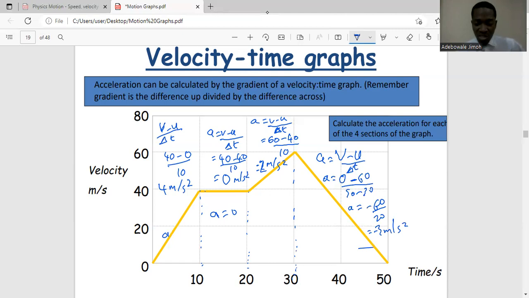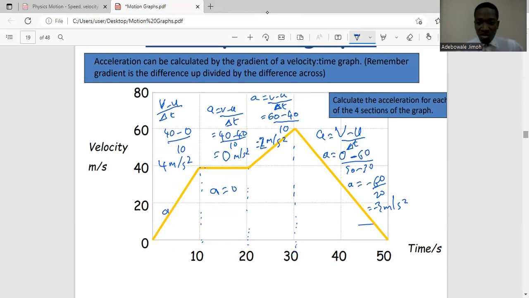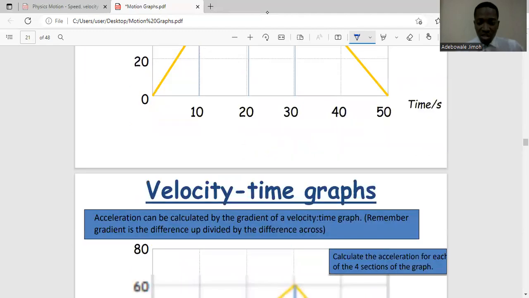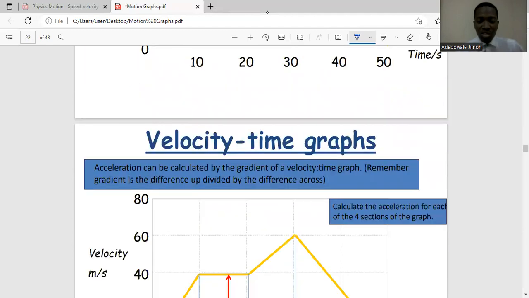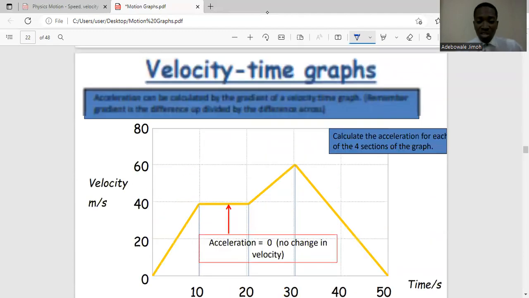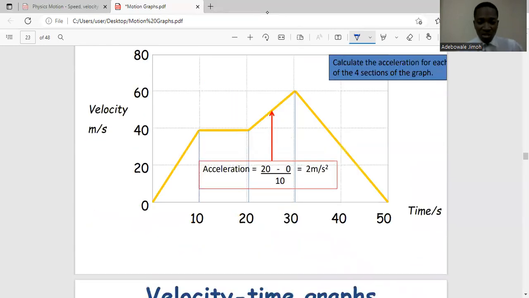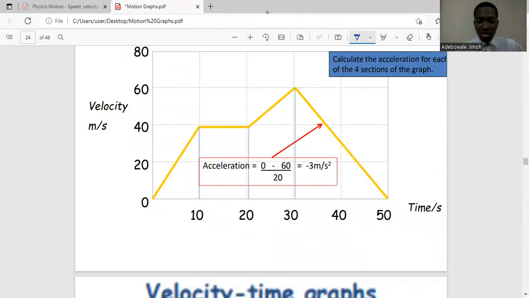Why did I get a negative answer? Because the body is actually decelerating. It is not accelerating. So deceleration is a negative of acceleration. So you always get a negative answer when you calculate acceleration in a situation whereby you're supposed to be calculating deceleration. So that is it.